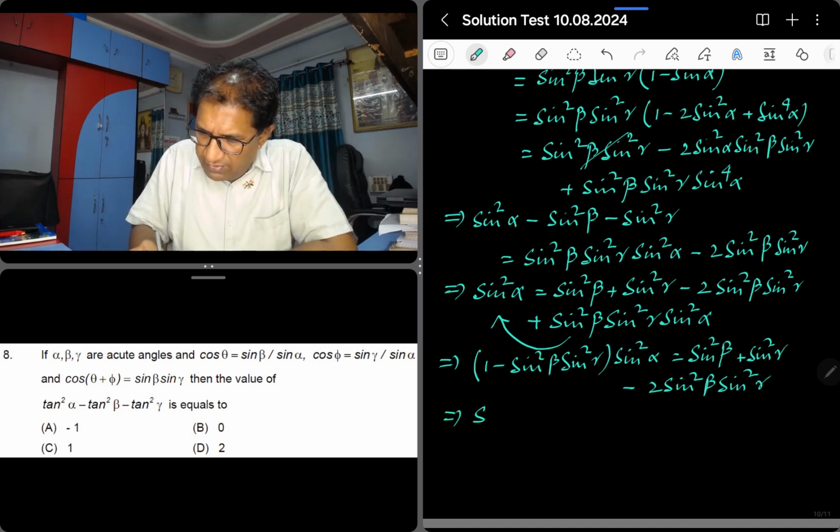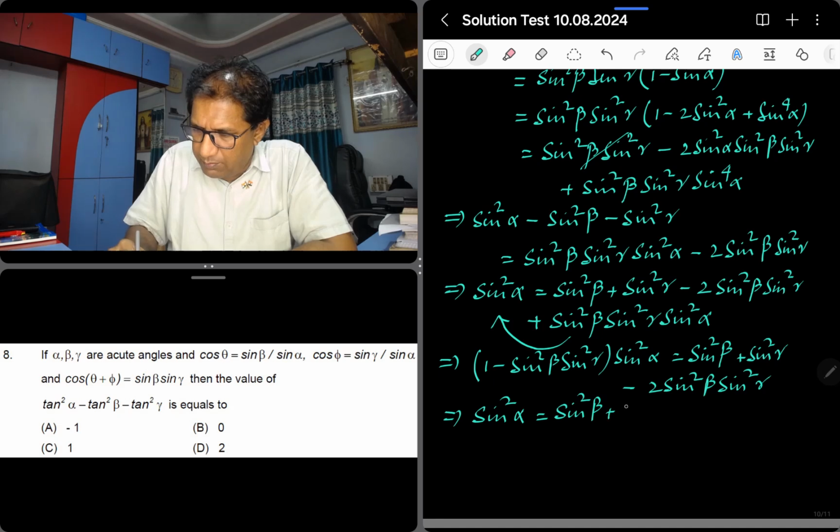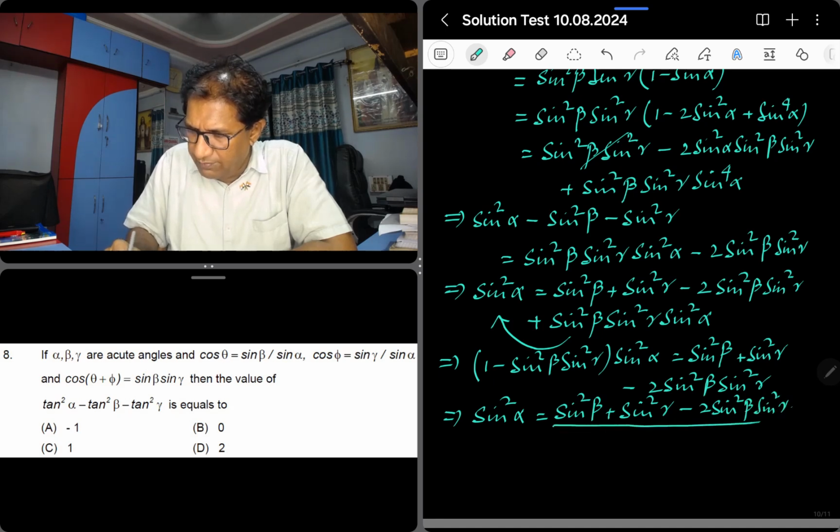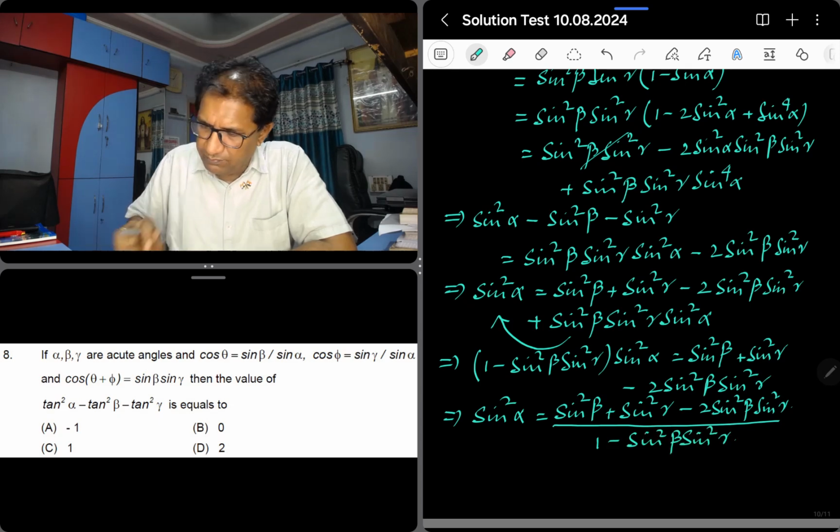So actually we are having sine square alpha is basically sine square beta plus sine square gamma minus 2 sine square beta sine square gamma divided by 1 minus sine square beta sine square gamma.